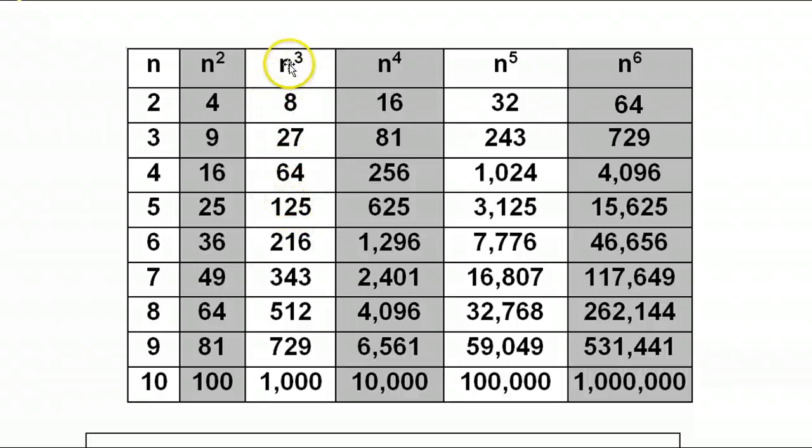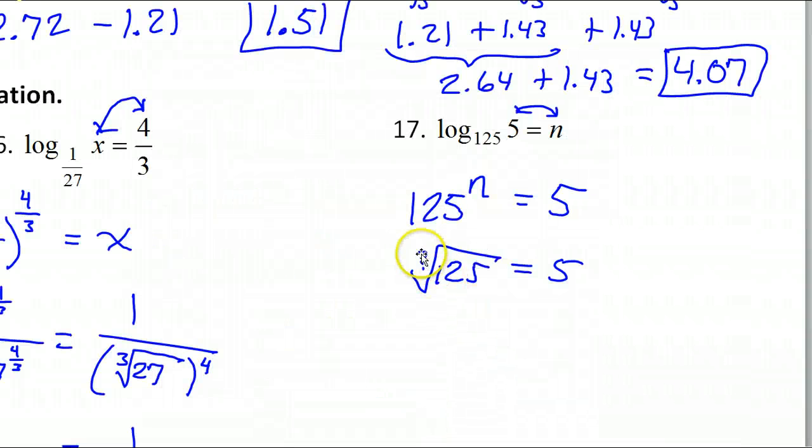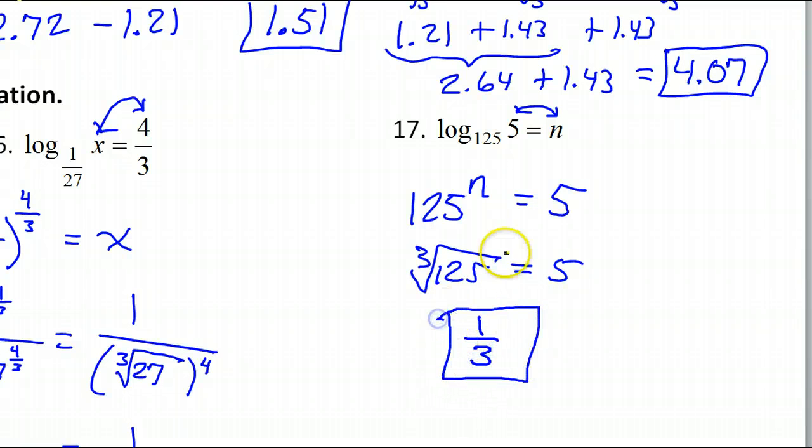That means the cube root of 125 is 5. Well, cube root is the same thing as the 1/3 power. So the 1/3 power will change 125 into a 5. That's why that's the answer, number 17.